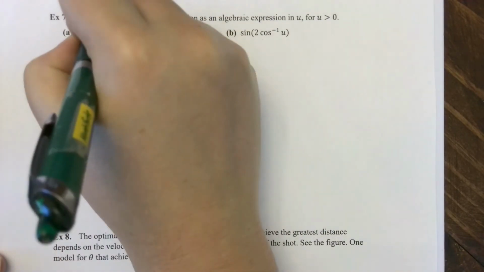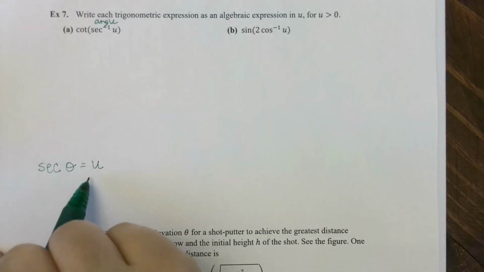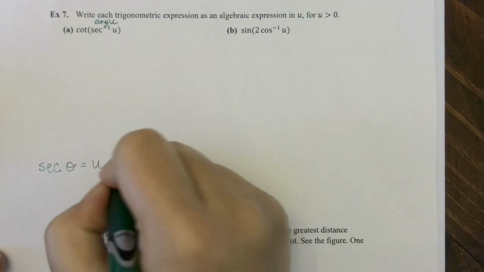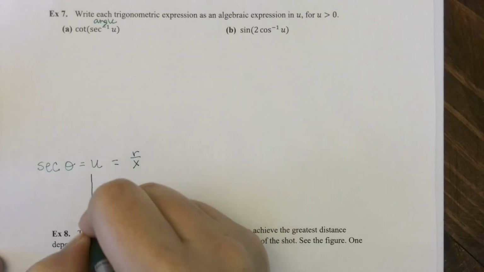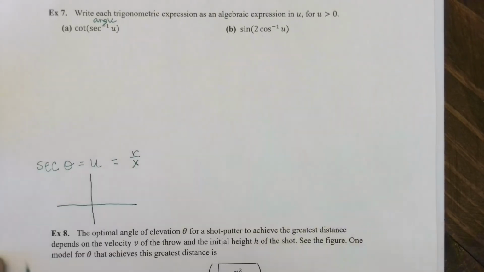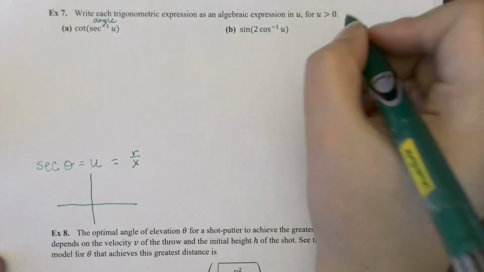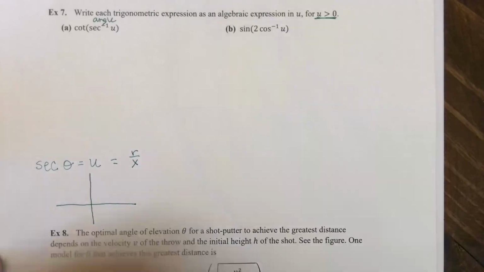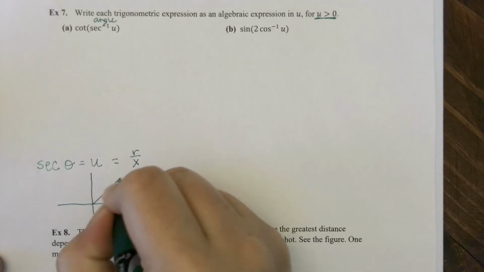This is our angle, and if we take secant of both sides, we have secant theta equals u, and that's equal to r over x. U is positive because it states that u is greater than 0, so we are in quadrant 1, because secant inverse for a positive input is in quadrant 1.